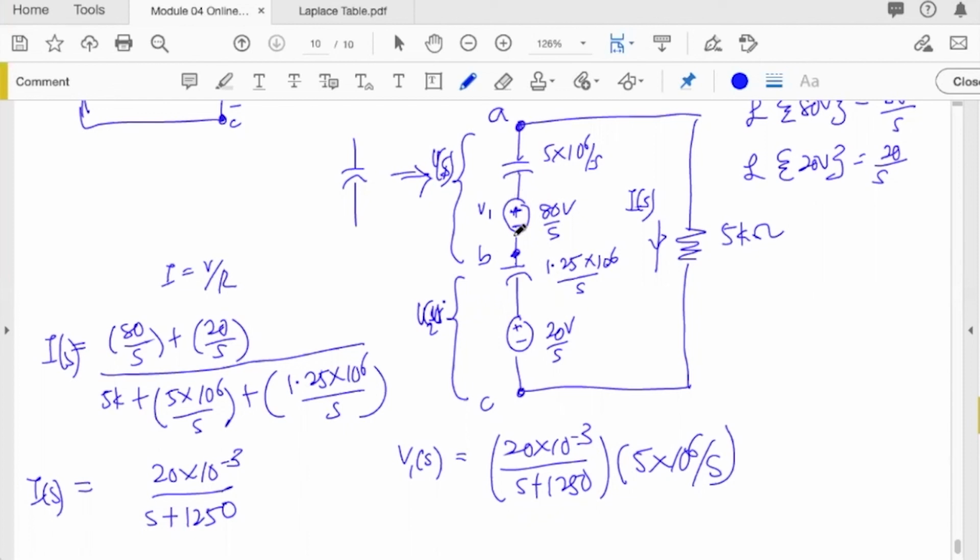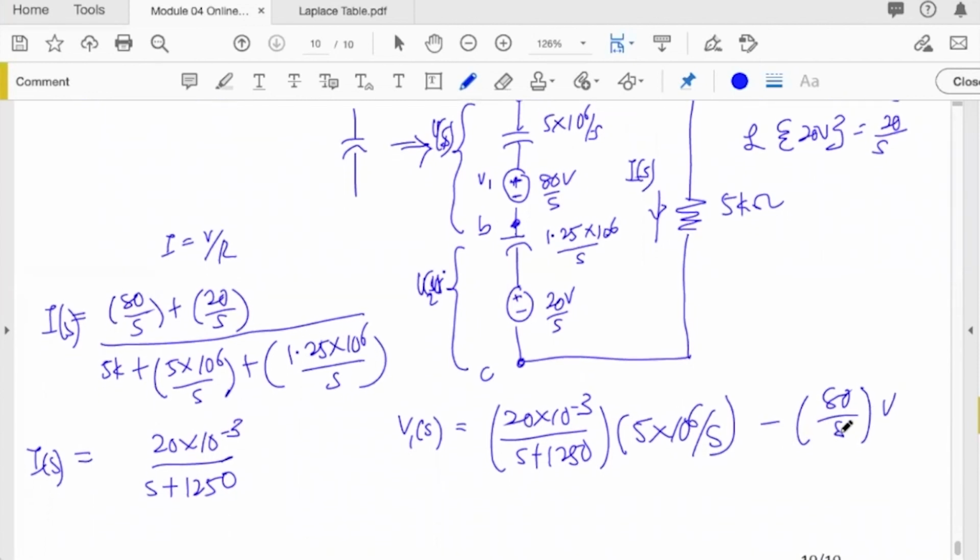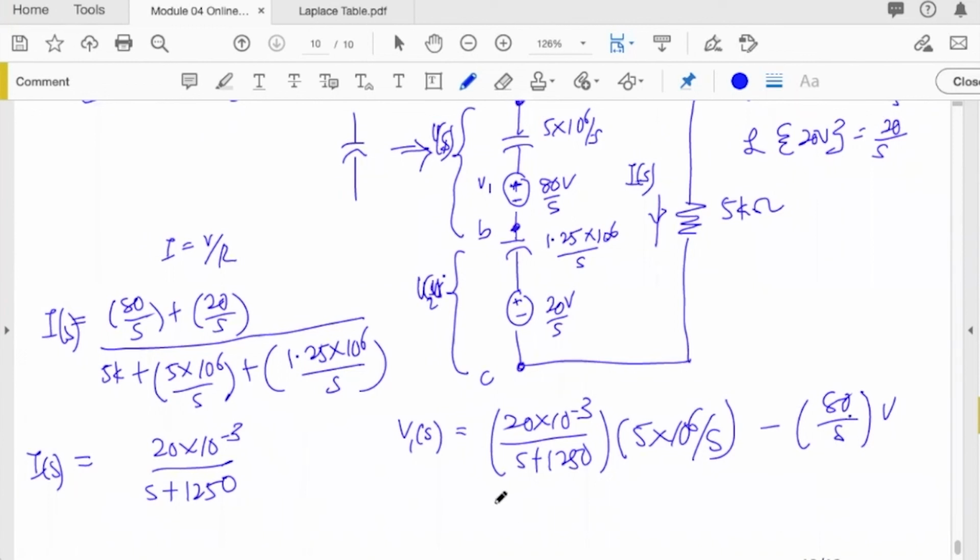And then don't forget you have the initial value of V1. So basically you need to subtract the initial value, so this should be written as minus 80 divided by S volts.